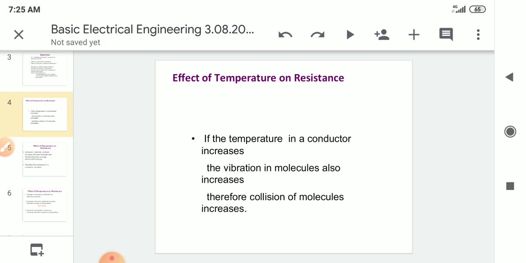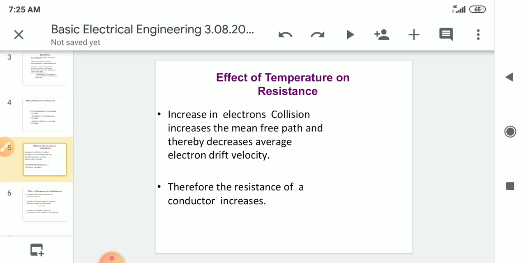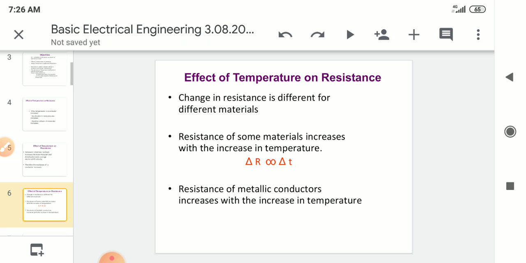So collision of molecules increases. This increase in collisions decreases the mean free path and thereby decreases the average electron drift velocity. Therefore, the resistance of a conductor increases in the case of these conducting materials.